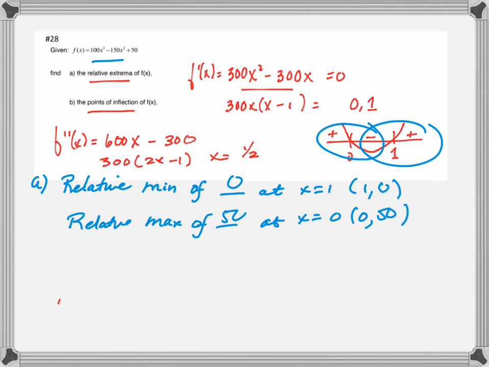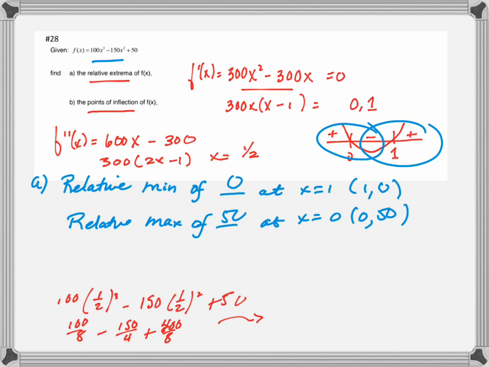So 100 times 1/2 cubed minus 150 times 1/2 squared plus 50. So this would be 100 over 8 minus 150 over 4 plus 50. Well, let's just do it over 8: 50 would be 400 over 8.